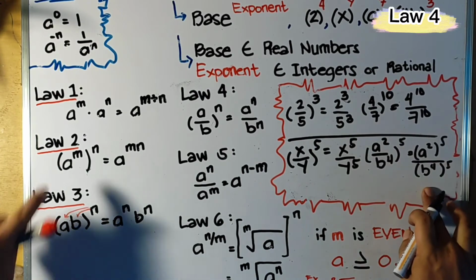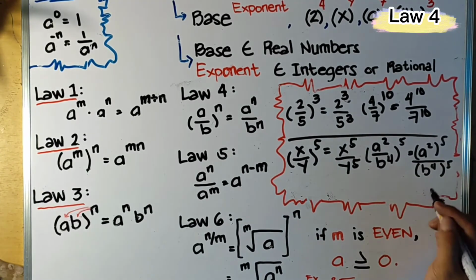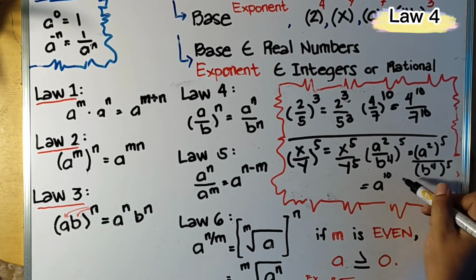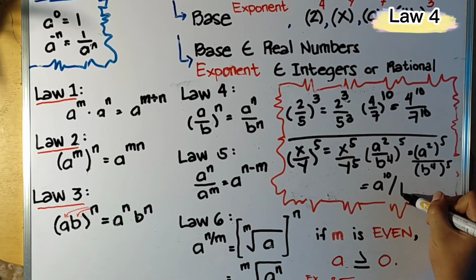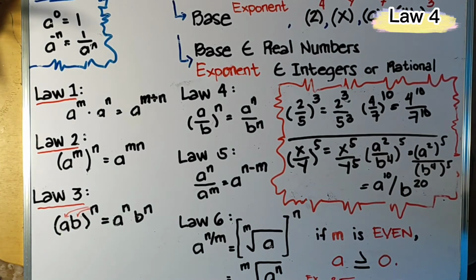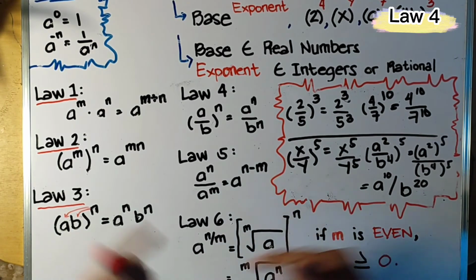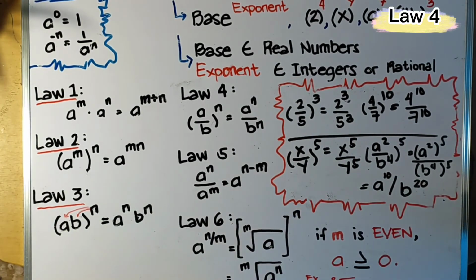Again, applying law number 2, magiging a raised to 10 over b raised to 20. Okay? Apply. Okay, let's connect it para makikita natin yung mga transformation.